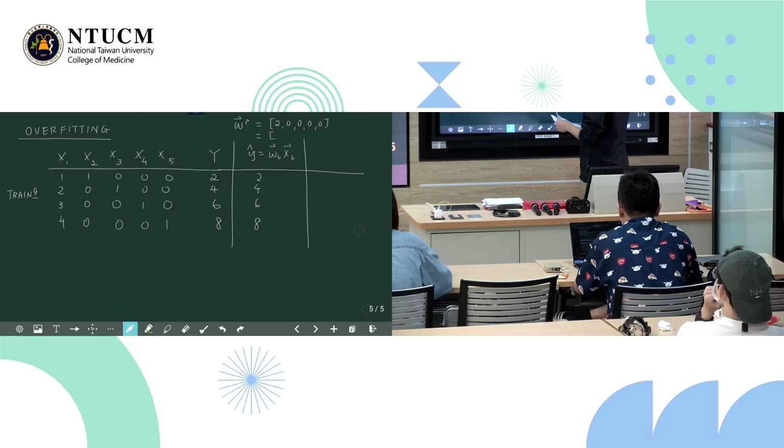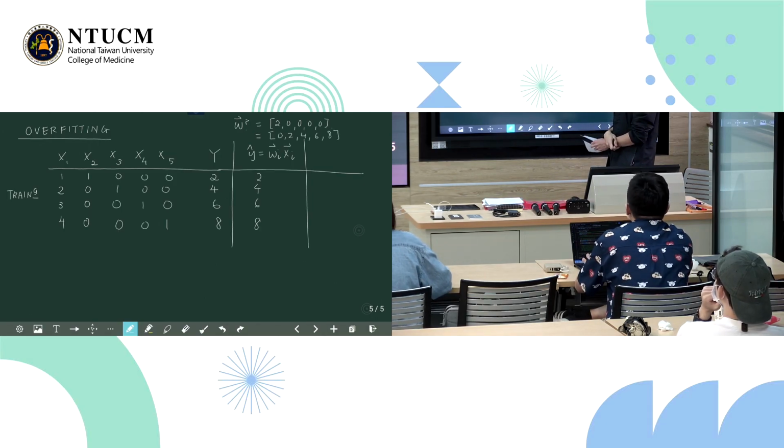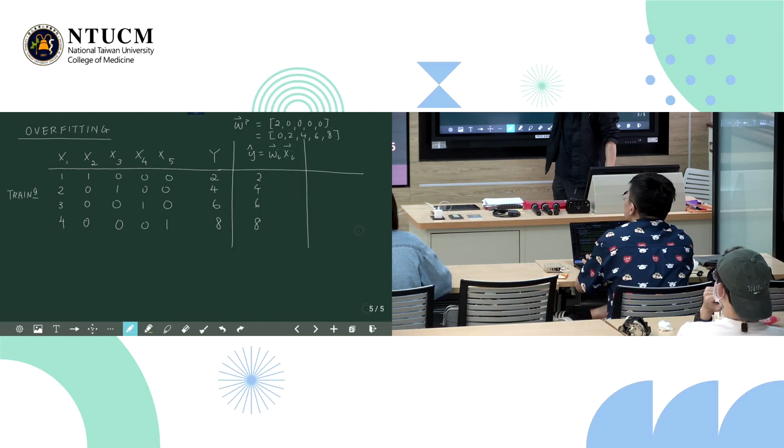Will this work? Does that work, if W is 0, 2, 4, 6, 8? Right? Because just ignore the first column, right? Column 1 does not contribute. What is important are the other columns, and I just have to make my weight 2, 4, 6, 8.